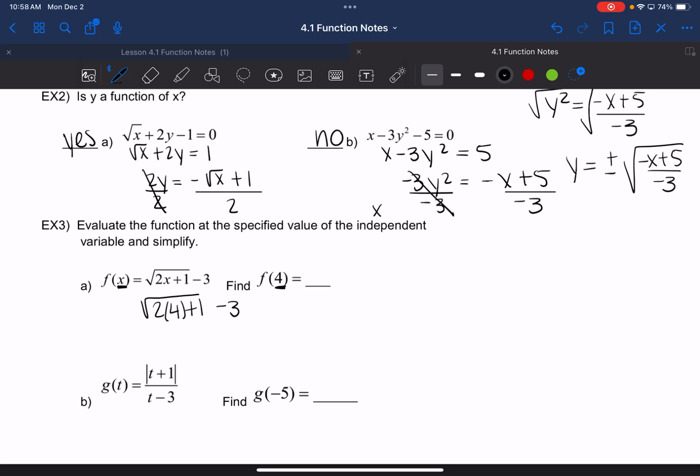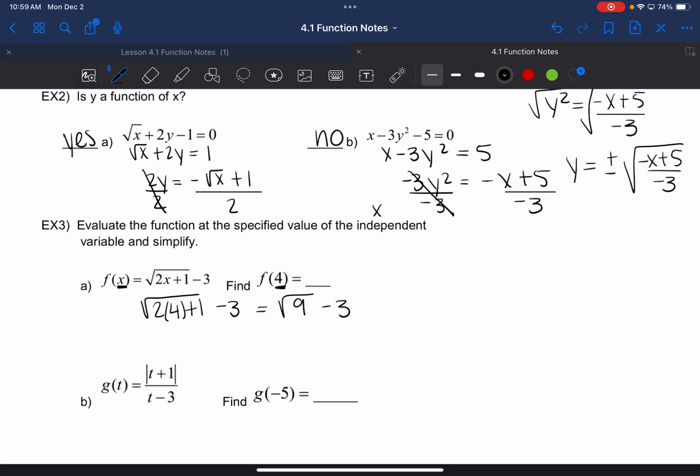Okay? And now I just need to simplify it. So if I'm going to take the square root of that, I probably should simplify what's underneath it first, right? So do I multiply first or do I add first? Multiply. So 2 times 4 is 8, and 8 plus 1? 9, okay? So I have square root of 9 minus 3.